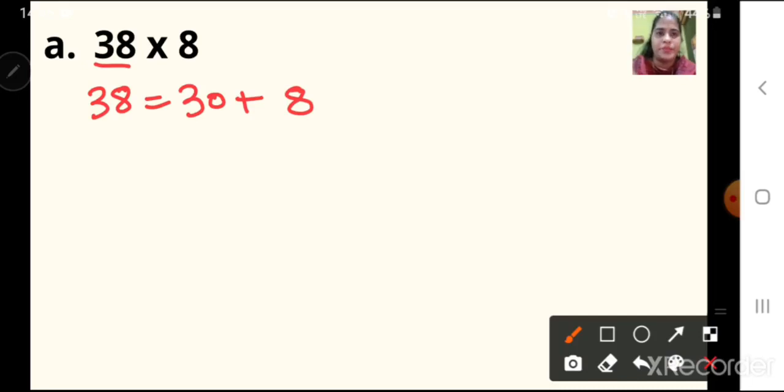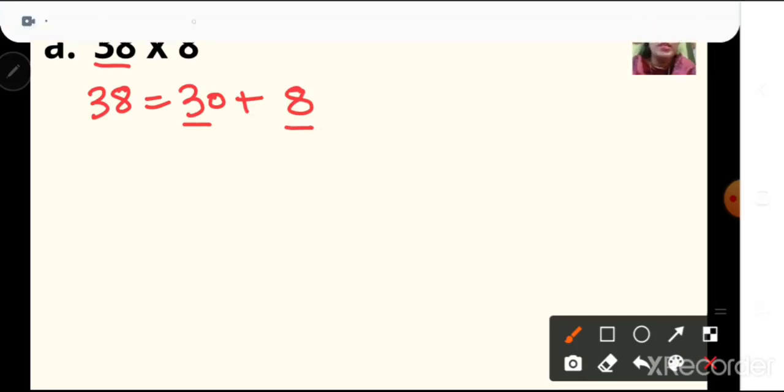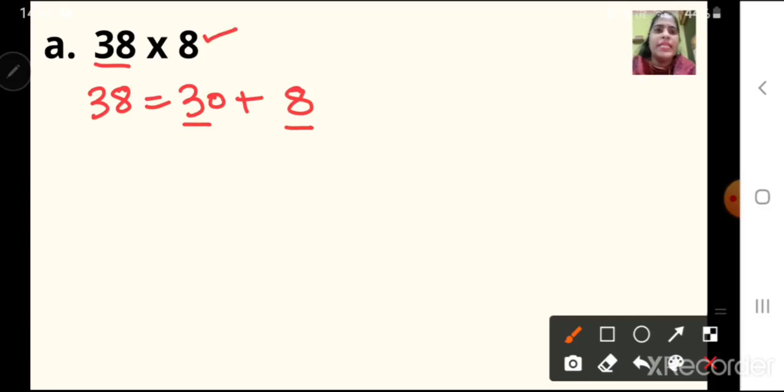This is step 1. Now step 2 is to multiply the numbers that we have expanded with the multiplier. Correct. So 30 we have to multiply with number 8. 30 into 8 is equal to, what is 30 into 8? 3 8s is 24 and 1 zero we have.